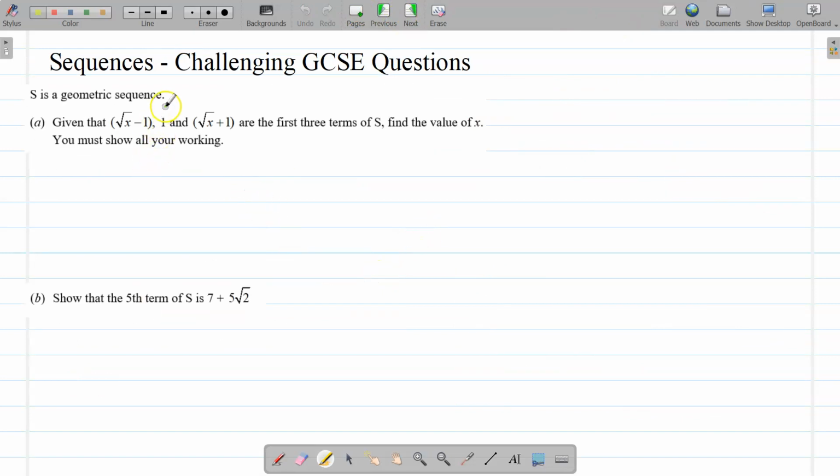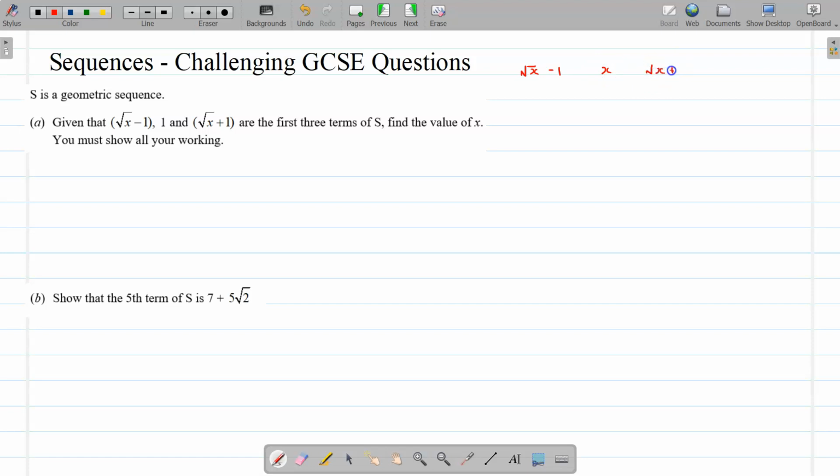This is one where to get from one term to the next, you have to multiply by a number we call the common ratio. So the first 3 terms of a sequence are root x minus 1, the second term is x, and the third term is root x plus 1.